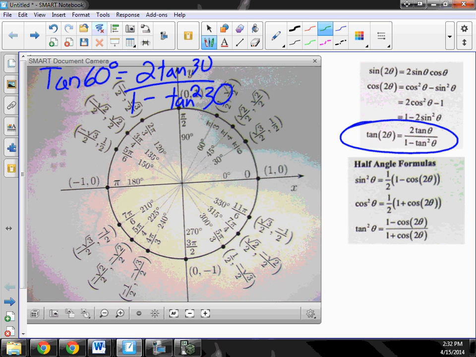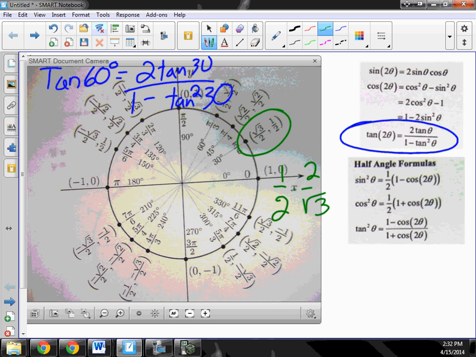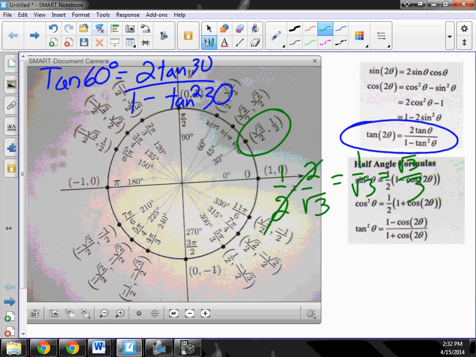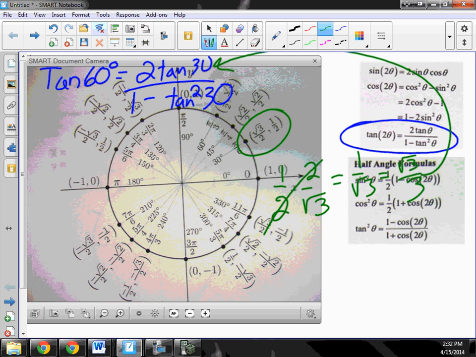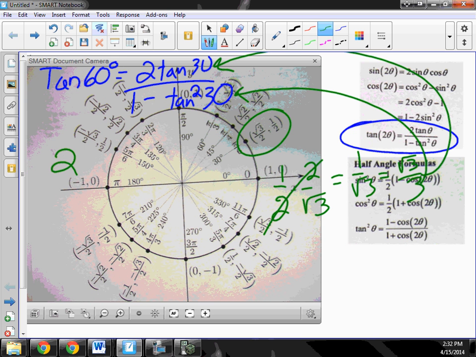Tangent of 30, right here, 1/2, and it's divided by root 3 over 2, but we've done this enough times that we know it's just multiplied by 2 over root 3. 2's cancel, and I get 1 over root 3. I can't leave a root 3 in the denominator, so I convert it. It's root 3 over 3. So that goes on top and on bottom. So 2 tangent of 30 is root 3 over 3.